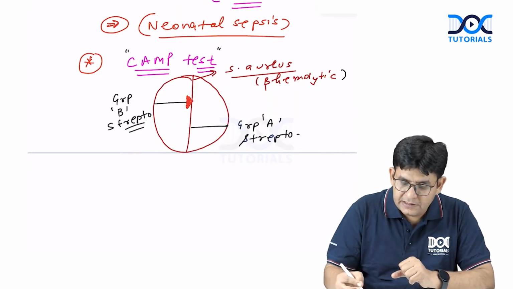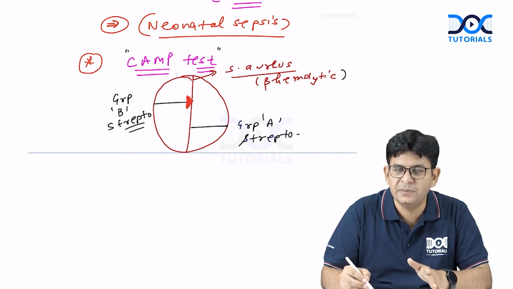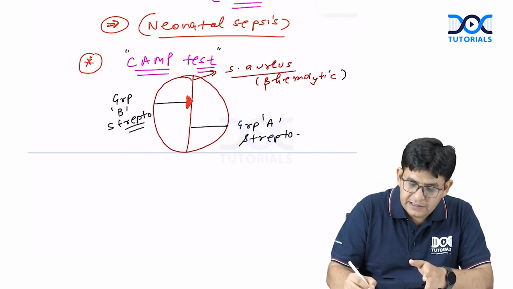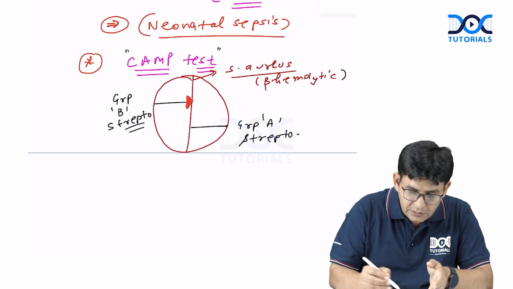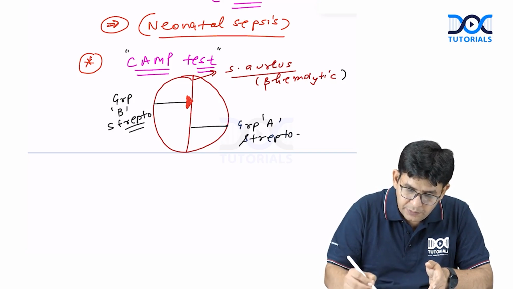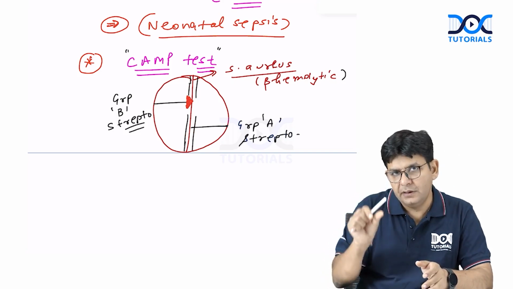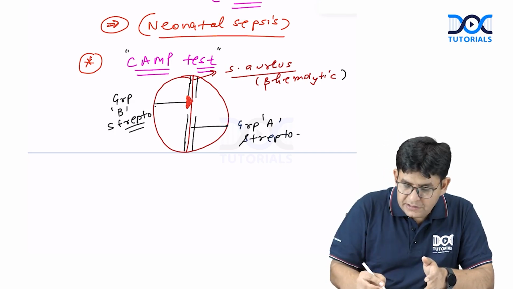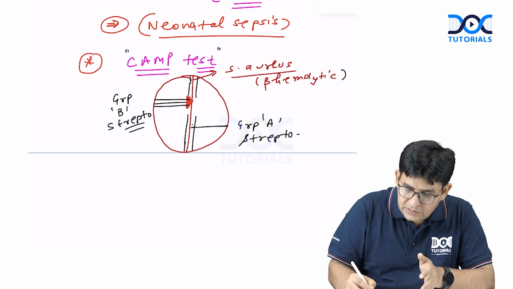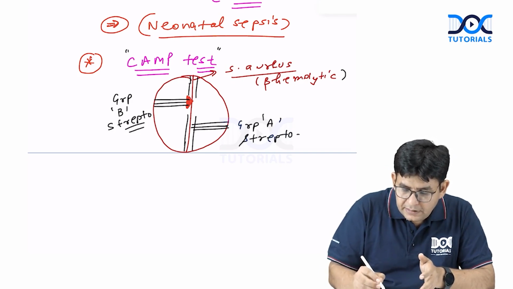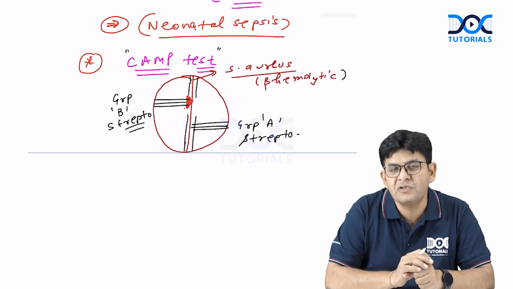The CAMP test was devised by four scientists: Christie, Atkins, Munch, Peterson. In the center, when you do the streak of Staph aureus, beta hemolysis comes around this streak like this. In group B strepto, this one also comes like this, but the hemolysis enhances whenever it touches the streak of Staph aureus.